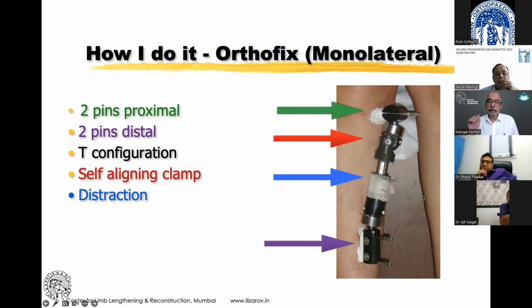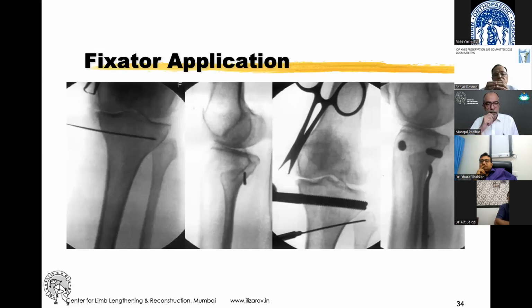The upper two pins are kind of transverse and the lower two pins are vertical. And in between the two, there is a device which will allow for distraction. So we put on the fixator on the intact bone, 2 pins above, 2 pins below. And in the extreme right picture, you can see the periosteum through a small incision, which is running along the posterior aspect of the tibia.